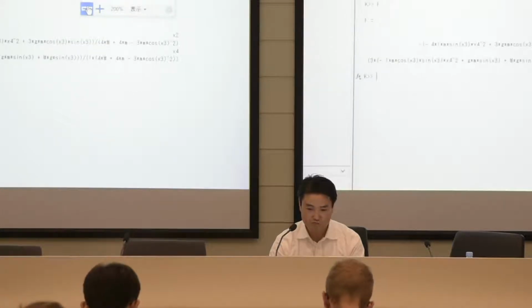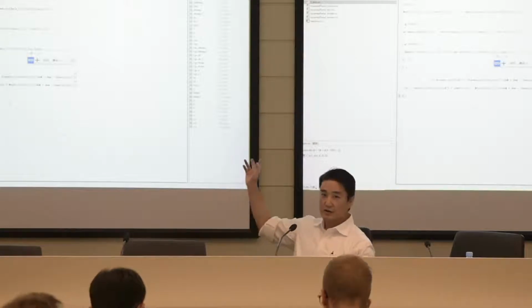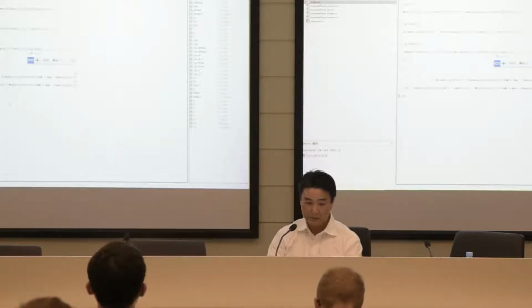Sometimes when you are writing this kind of script, you want to check whether this equation is really correct or not.